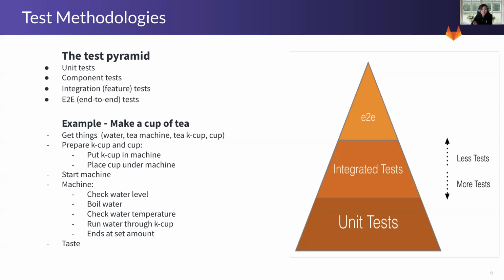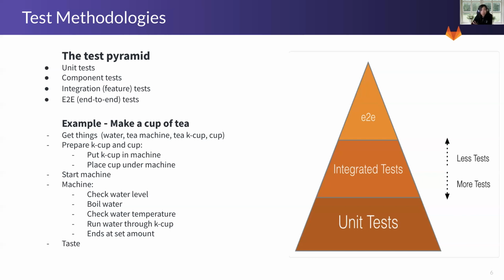And we have a test that makes sure that when prepare K-cup and cup is triggered, the machine has exactly 1 K-cup, and the cup is located exactly underneath the machine, for example. And then go through all the steps.